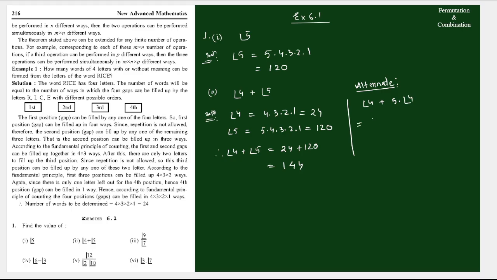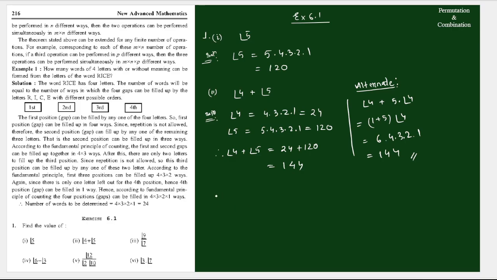You can take factorial 4 common: 1 plus 5, which is 6, times factorial 4, which is 24. Or you can multiply 4 3 2 1 all, and you will get 144. So either way you can do.